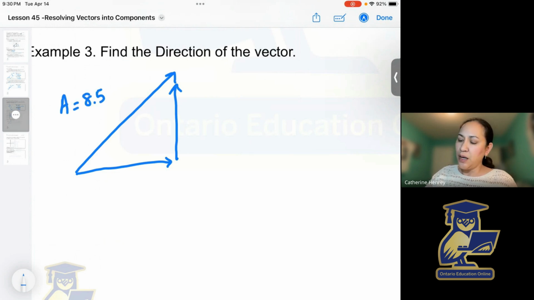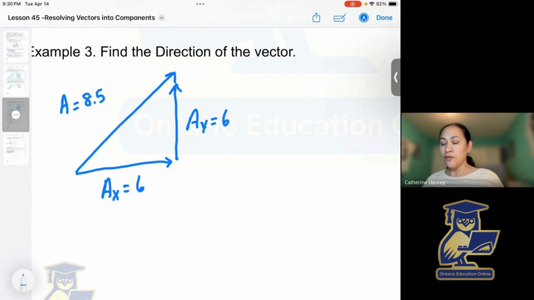And we know the magnitude of AX, the horizontal component, is 6. And the magnitude of the vertical component is also 6 units. In order to find the direction, I'll have to be able to figure out what this angle theta is. Since we have all 3 sides, we can use any of the trig ratios.